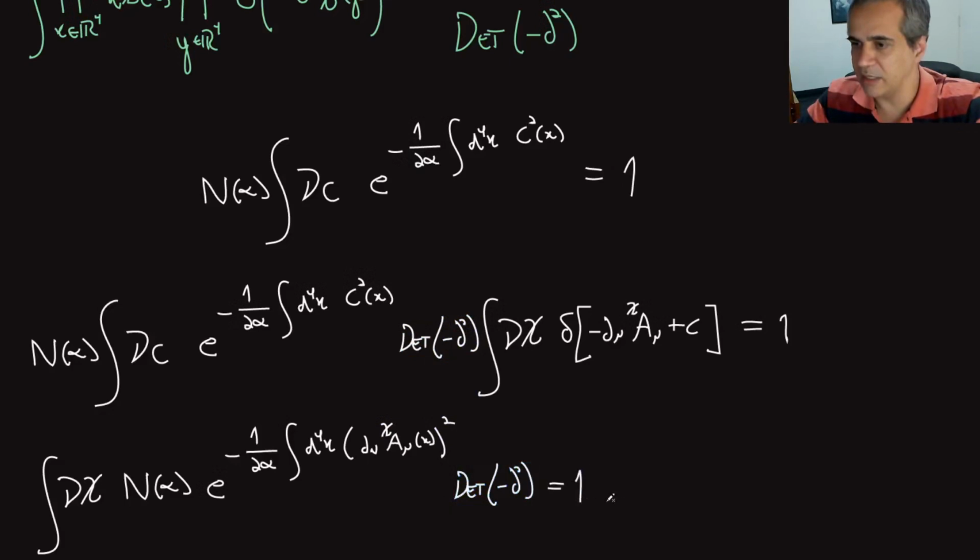And this is an identity. I just did the path integral in C using this delta, which gives me this term up here.